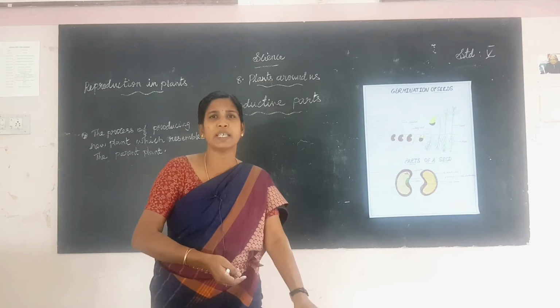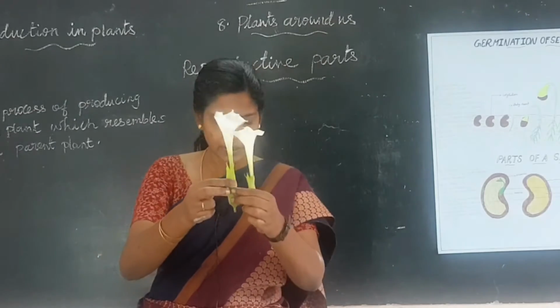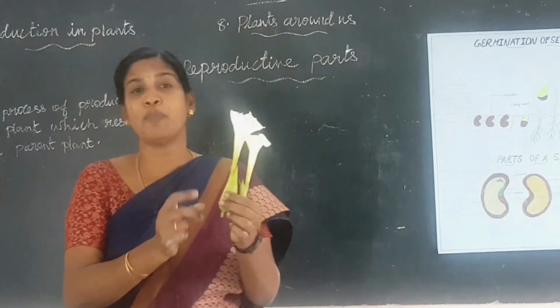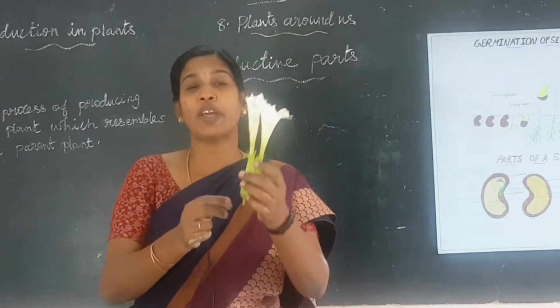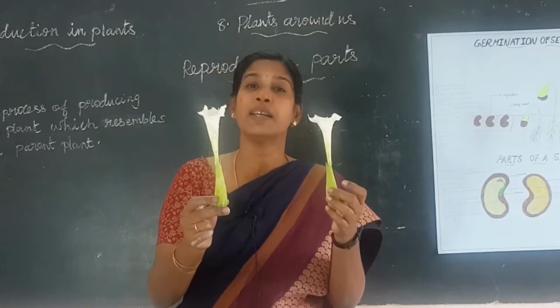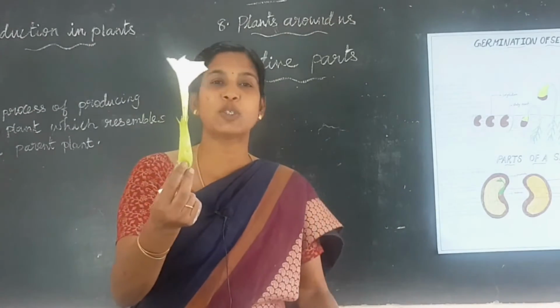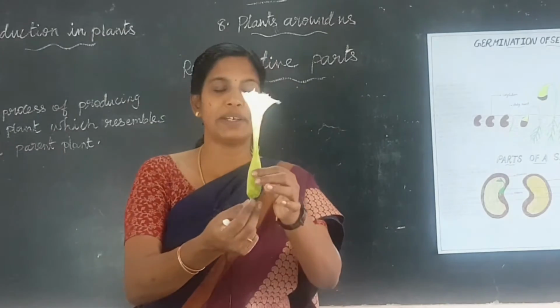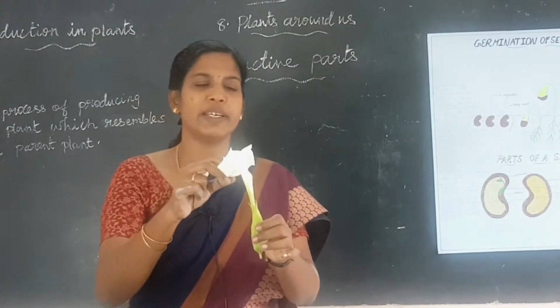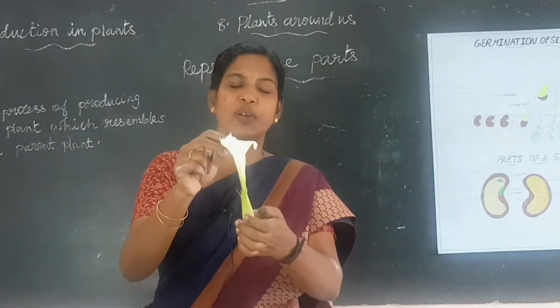In some plants, listen, the reproductive part of the plant is the flower. This flower is datura metal, datura, called ummatthai in Tamil.